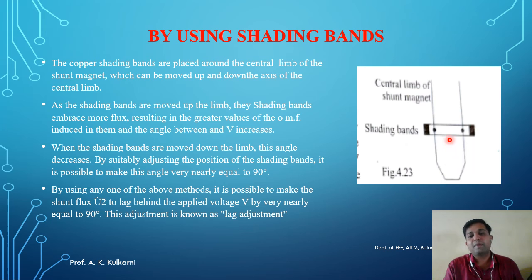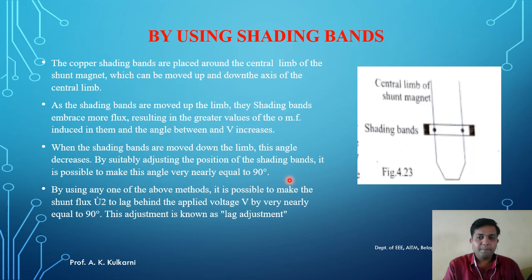If the shading band is moved in the upward direction, both current and voltage will be nearly in phase with each other. If the shading band is moved in the downward direction, both the voltage and current will be approximately 90 degrees apart from each other.